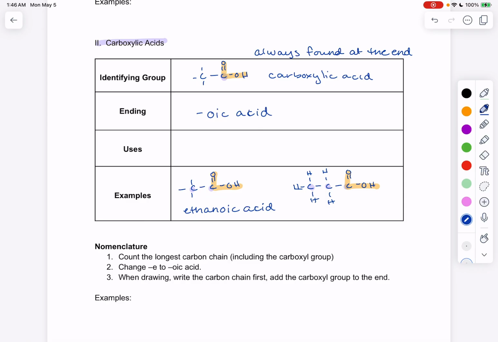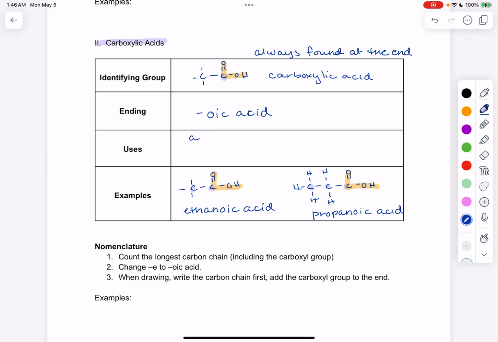So 3 carbons is methyl, ethyl, propyl, so propanoic acid. Okay, so some things that you may have heard of that they're used for.